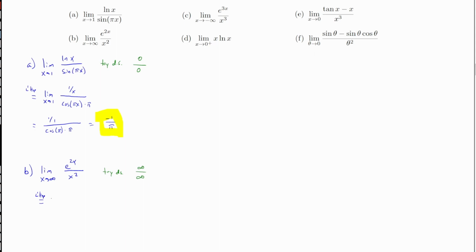So I have new limit as x approaches infinity. I differentiate the top, I have e to the 2x times 2. Differentiate the bottom, and I get 2x. And this is still an infinity over infinity. So we do L'Hopital's rule again.